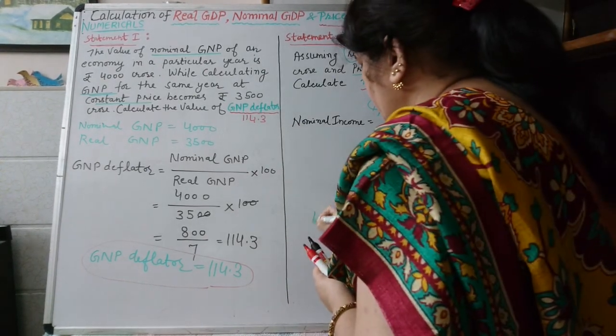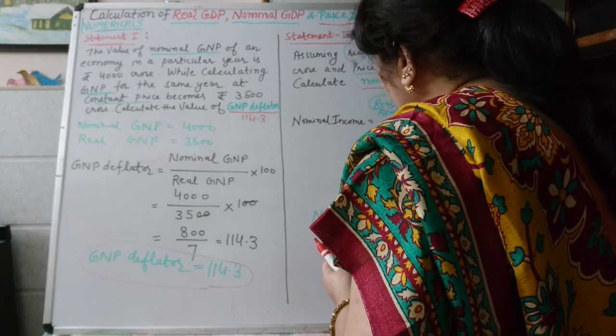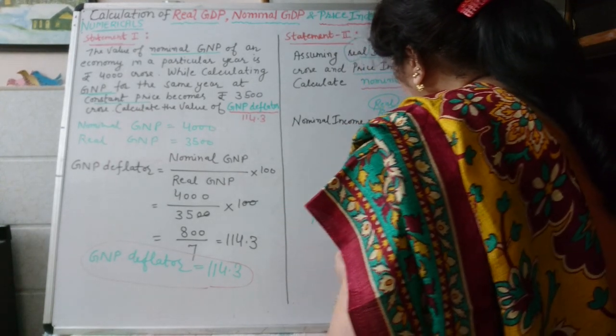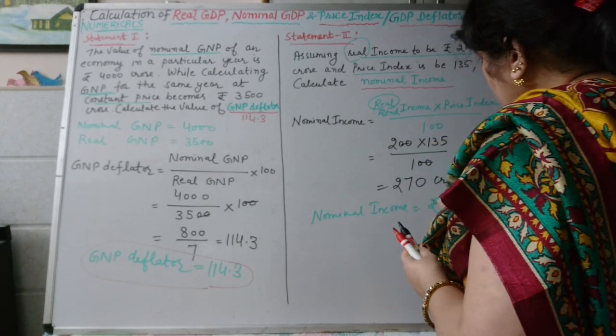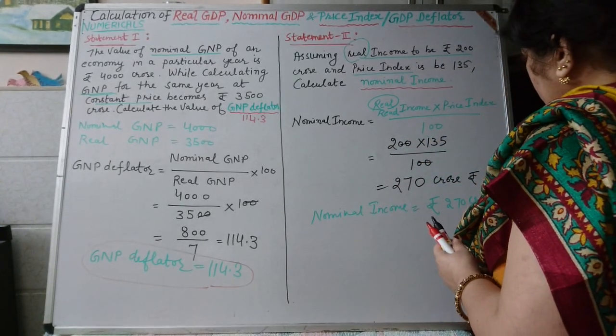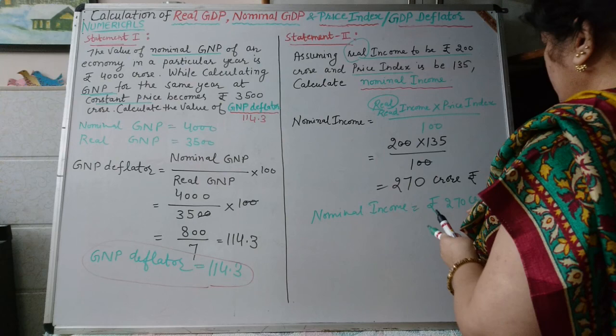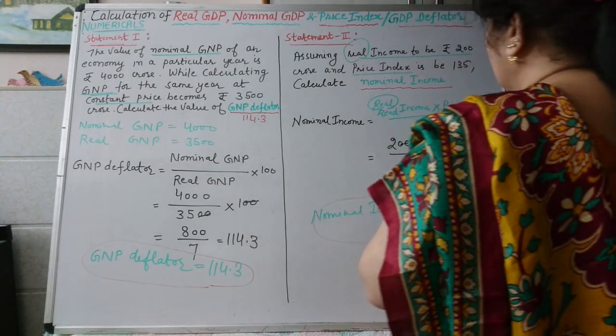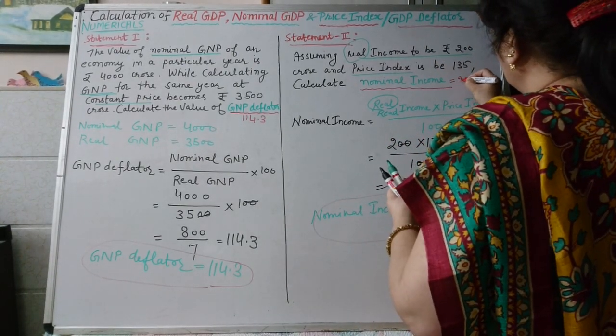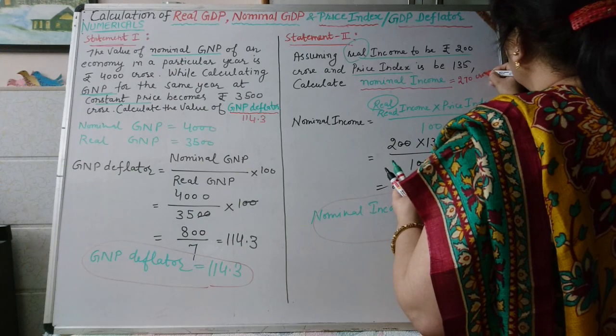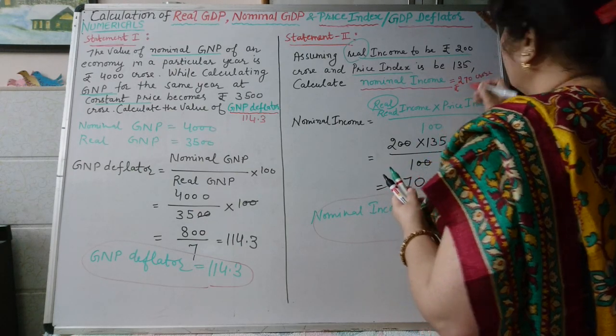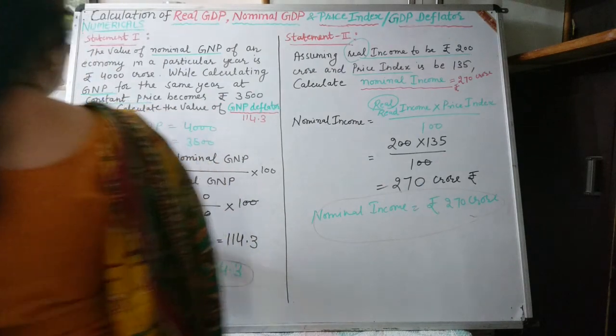So the value of nominal income is equal to rupees 270 crore. So this will be the answer, 270 crore rupees.